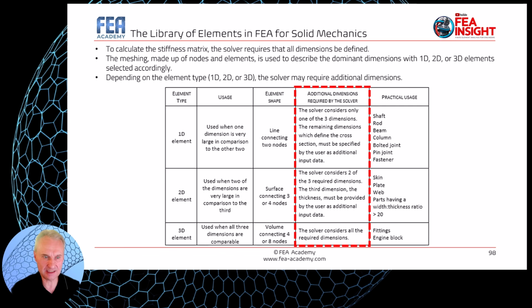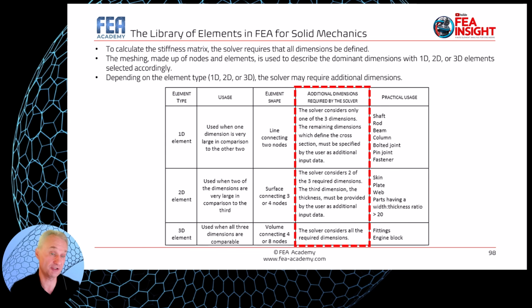For the 1D element, the solver considers only one of the 3 dimensions. So the remaining dimensions are defined through properties of the element. So the cross-section, if it's only a truss. If it's a beam, the cross-section plus the moment of inertia. Okay? For a 2D element, the solver considers the 2 dimensions in space.